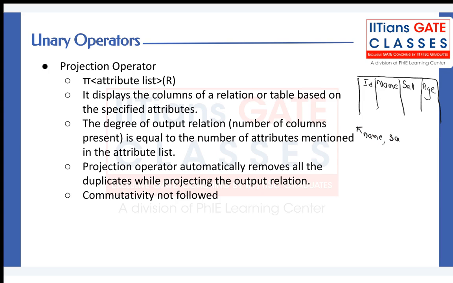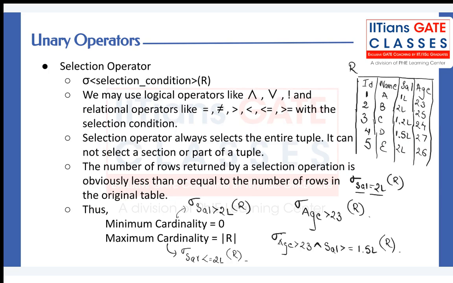Now let's spice things up. Look into this relation R now. I am interested to know all the people who have salary more than 1.5 lakhs, and I do not need anything except the name. I just want the name of people who have a salary of more than 1.5 lakhs.